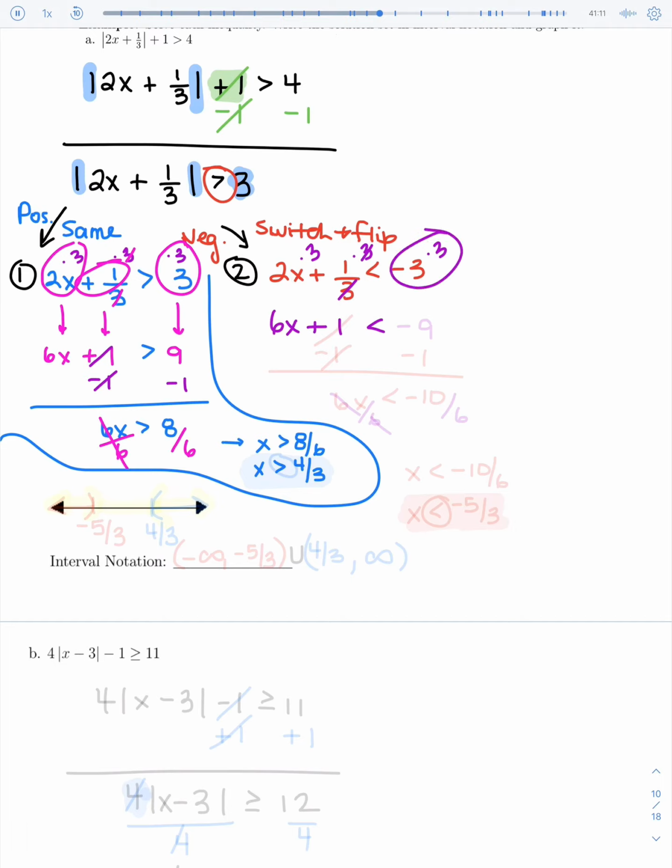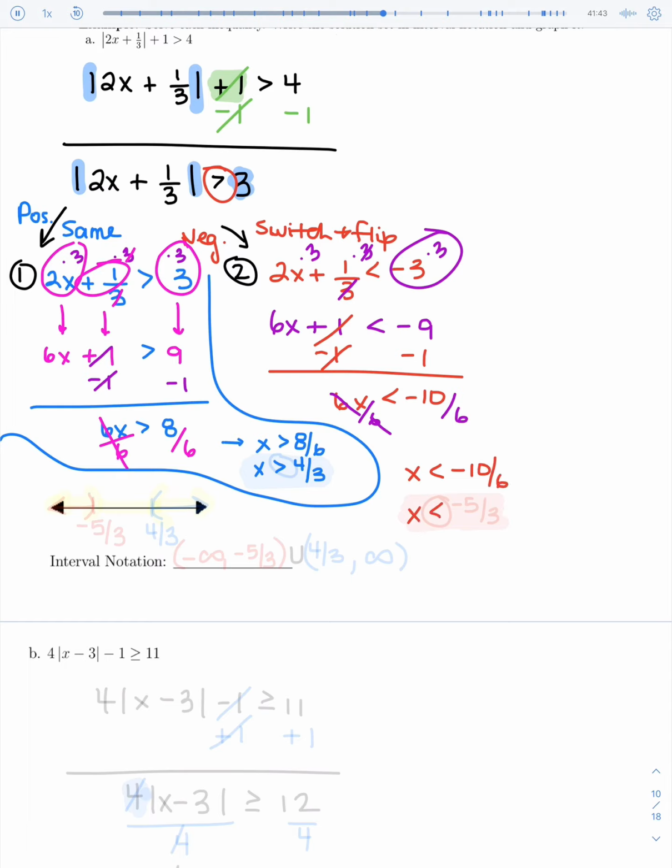Don't forget you multiplied the other side by 3 as well, negative 9. Continue solving normally. We will go ahead and subtract 1 from both sides, which will give us 6x is now less than negative 10. Dividing both sides by 6 gets us x is now less than negative 10/6.